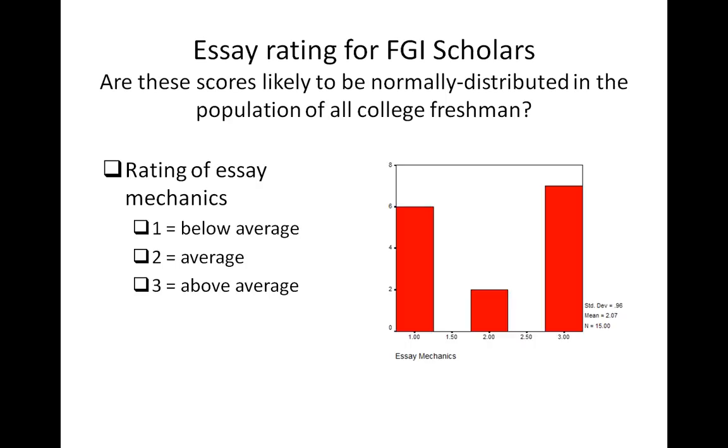Well, I think that's a question that can be debated. I know myself that I don't think it's necessarily normally distributed, but I certainly have not had the opportunity to assess that in our total population of college freshmen.